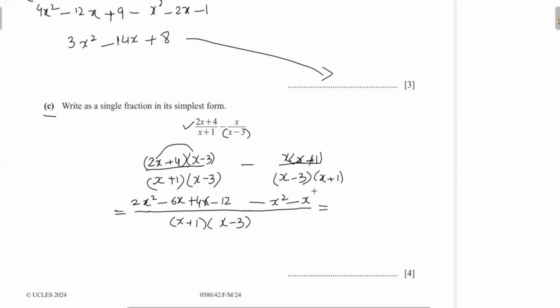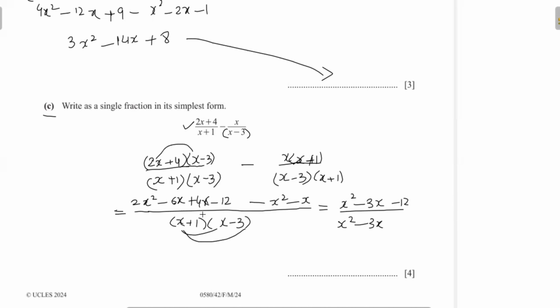This we can write as 2x squared minus x squared is equal to x squared, minus 6 plus 4 minus 1 is minus 3x, and minus 12 is written as it is, and the denominator we can write equal to x squared, and this is minus 3x.